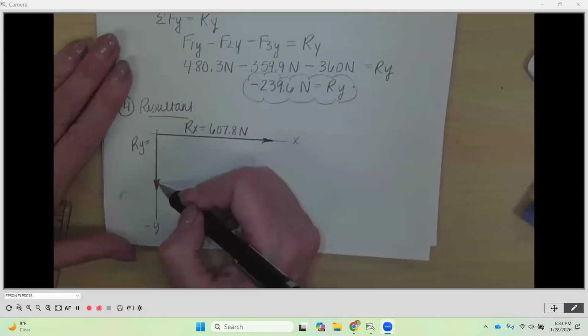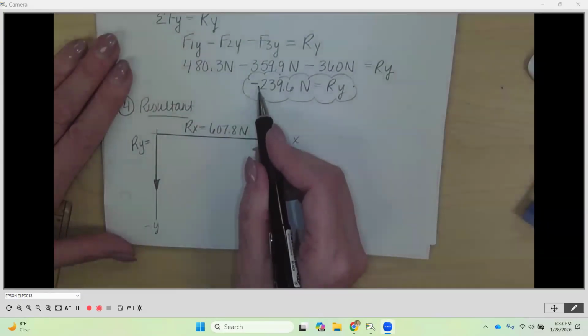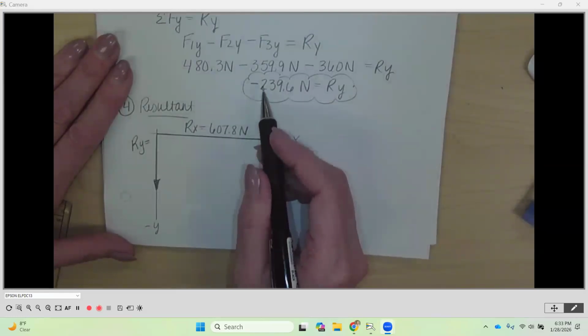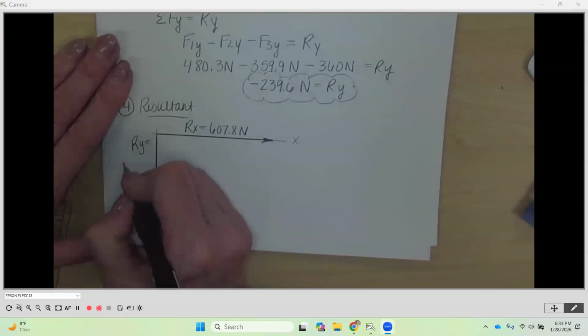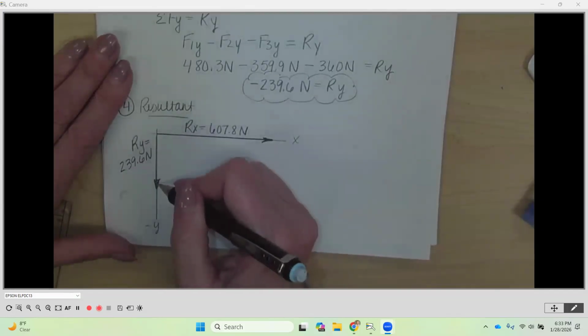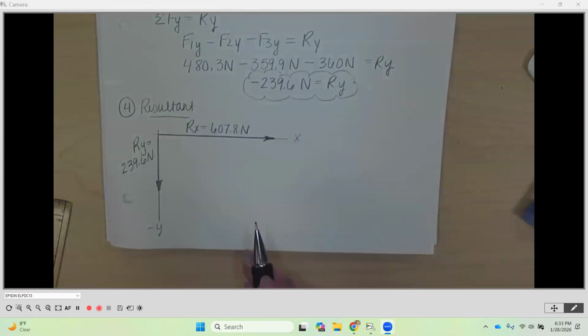The arrowhead pointing down is the negative. Does that make sense to everybody? So don't put a negative in front here. This is going to be 239.6 newtons, and that the arrowhead is going down is going to represent that negative value. Okay. So those are our components.